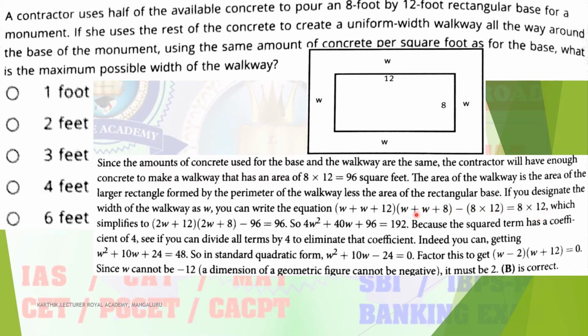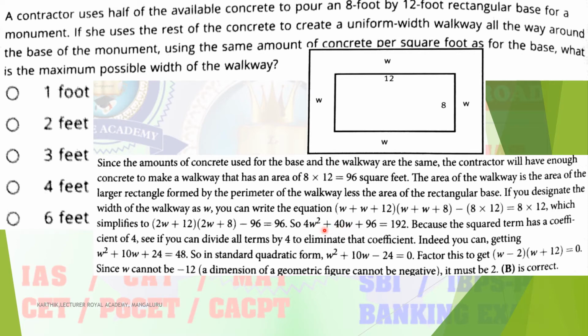So I hope all of you understood this relationship. First find the total area, then subtract, considering the total area available after considering W. Once you get this relationship, then you simplify and you will get a quadratic equation.